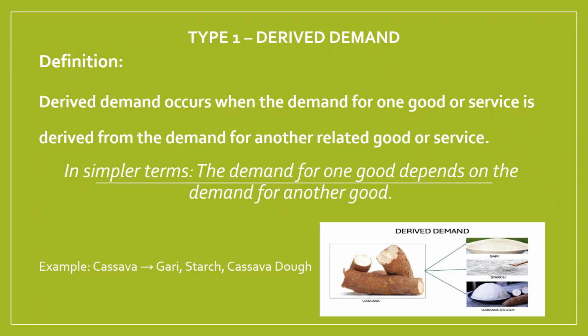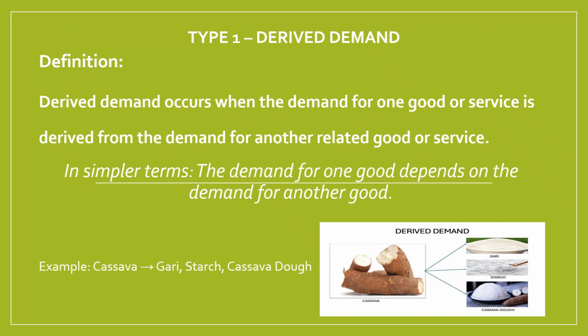Let's formally introduce the first type of demand, derived demand. And what is it? Derived demand occurs when the demand for one good or service is derived from the demand for another related good or service. In simple terms, the demand for one good depends on the demand for another good.